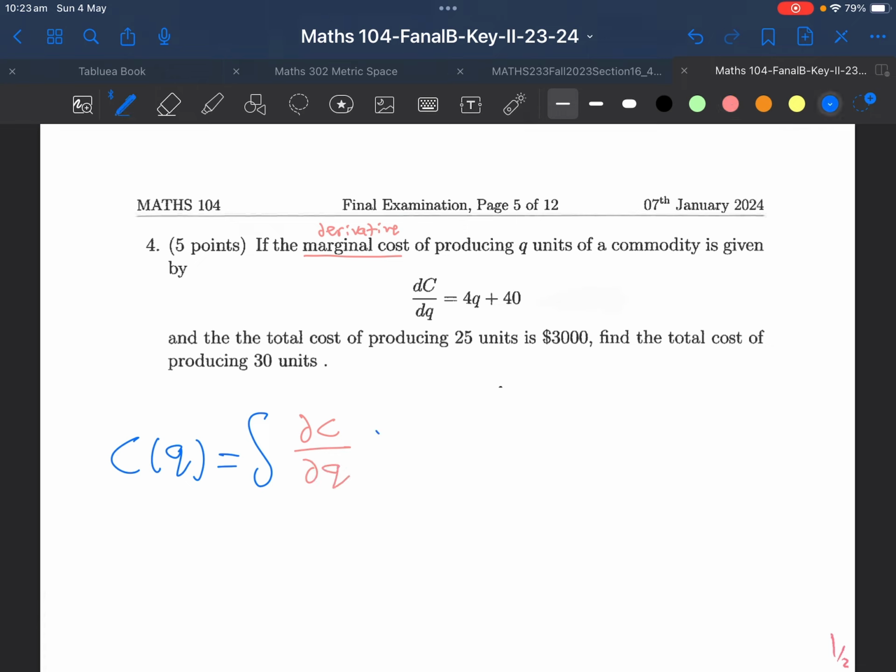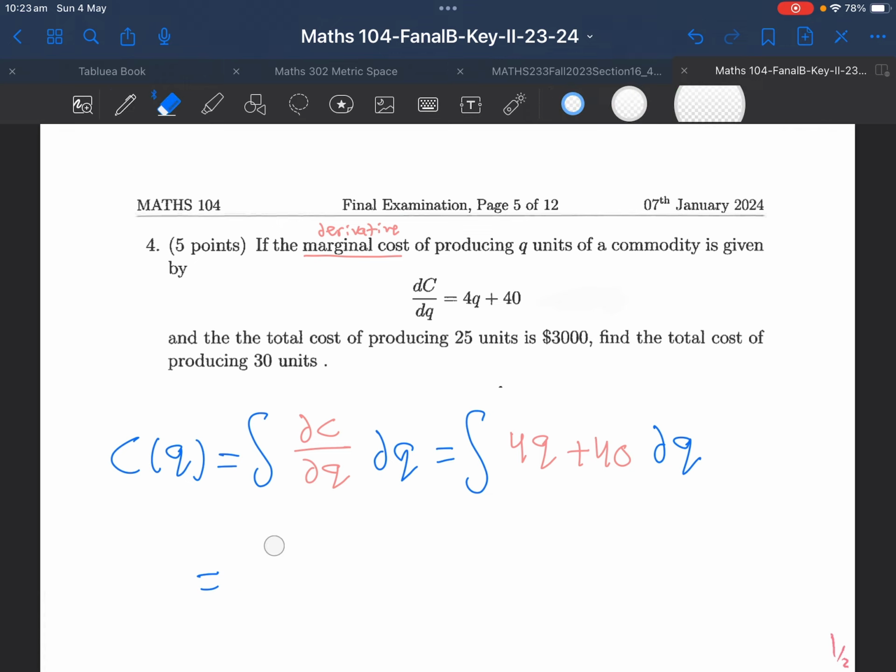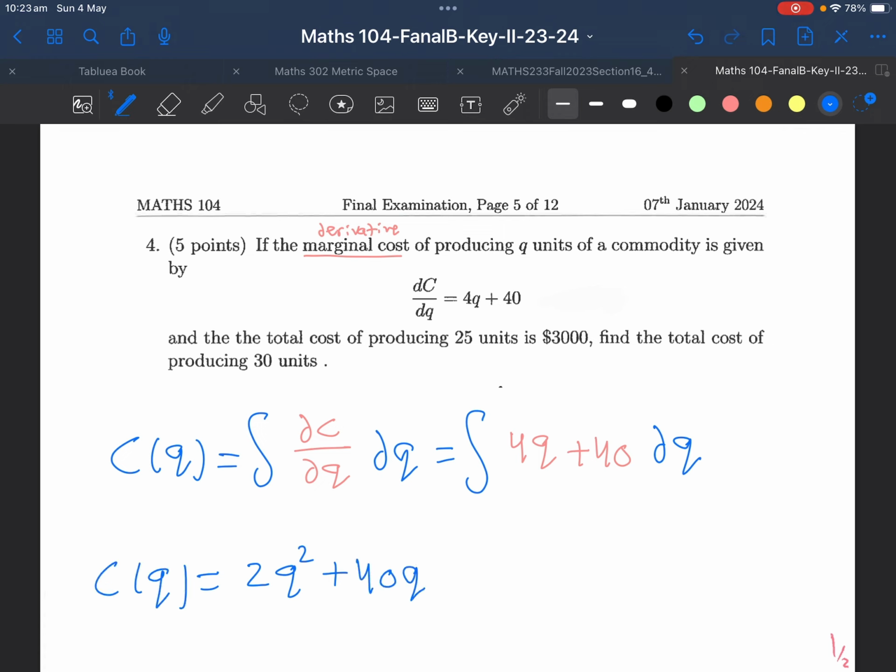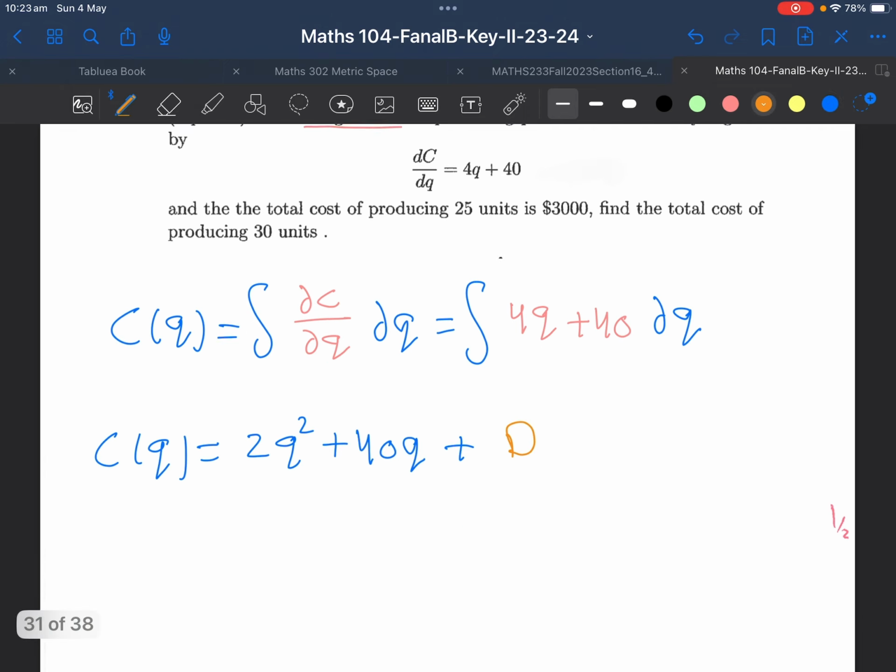So we get back the original function. And this function is written as 4Q plus 40 dQ, which, if we do it, 4Q becomes Q squared over 2, but there is a 4, so it will become 2Q squared. 40 will be just 40Q. And finally, you will have a constant, usually we call it D.